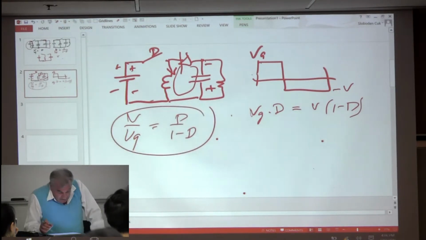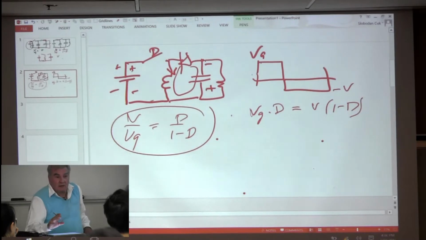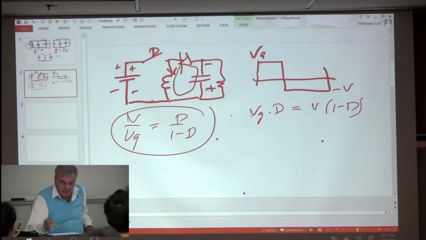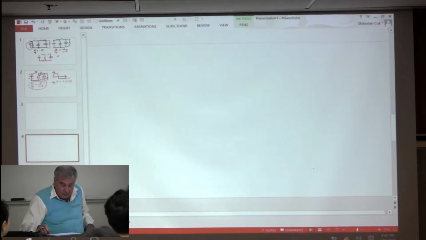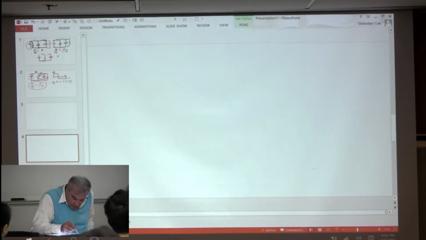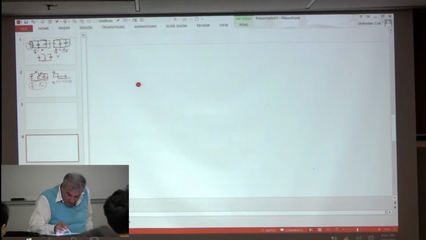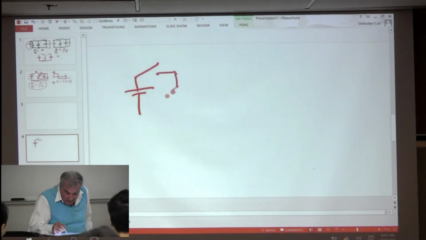Now, this is what I faced when I was looking at these converters, and I was kind of puzzled. How did this come out to be this way? And then I concluded that we can get a buck boost converter, the same D over 1 minus D function, if I start with a buck, right?